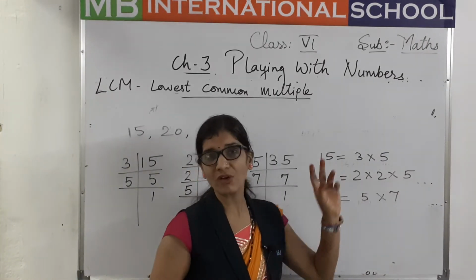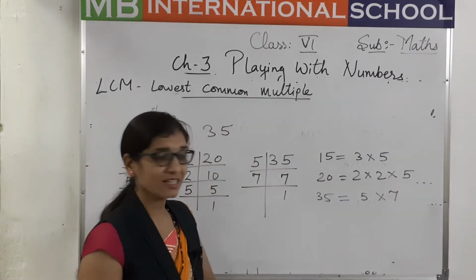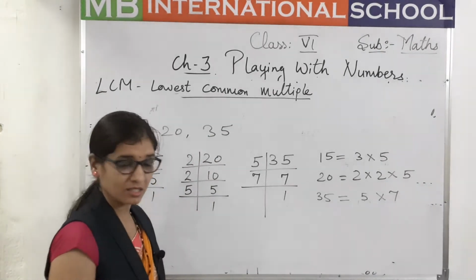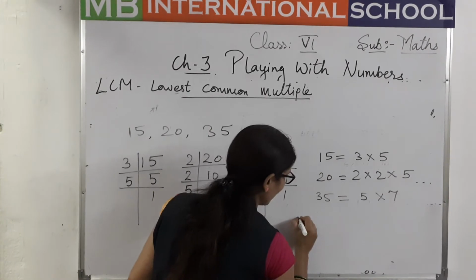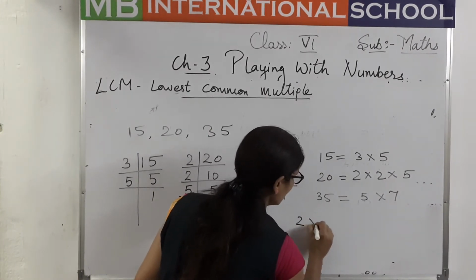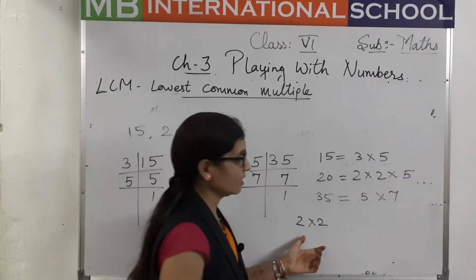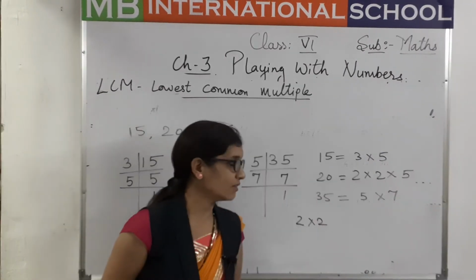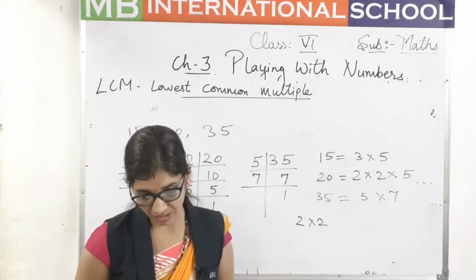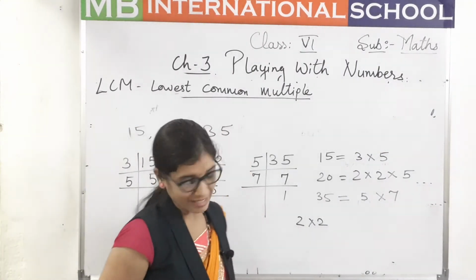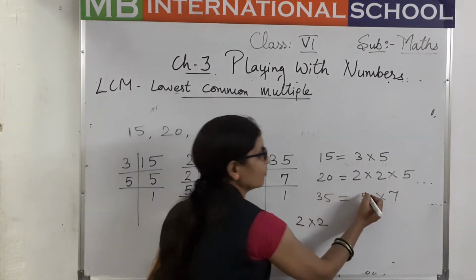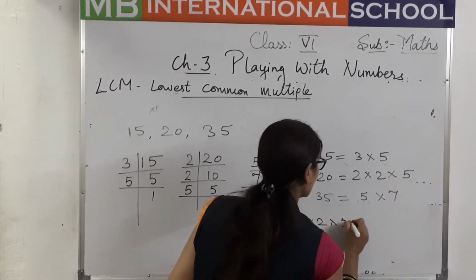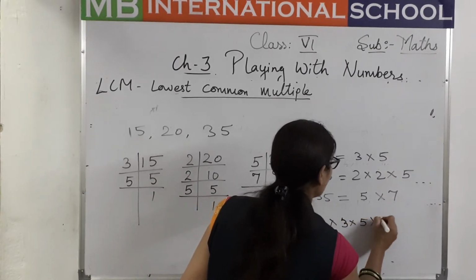When we are considering the LCM, if a number is repeated twice, then we take it 2 times. So 2 multiplied by 2, and the remaining numbers, that is 3, 5 and 7, occur only once at maximum, so we take 3 multiplied by 5 multiplied by 7.